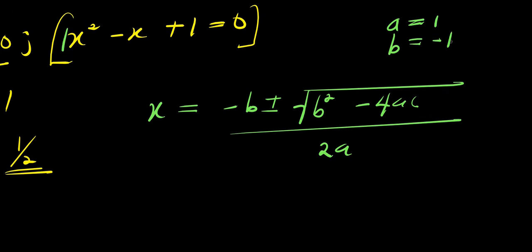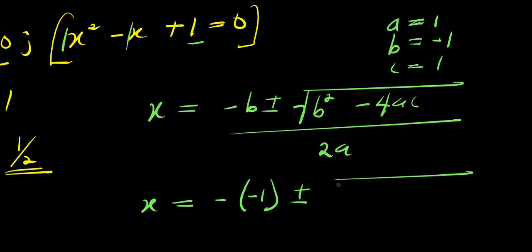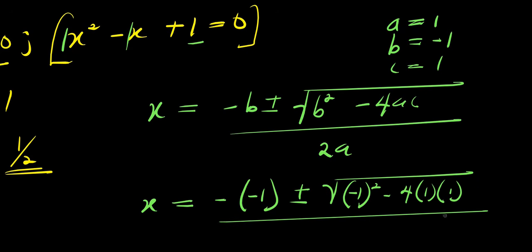B is negative 1, the coefficient of x, and c is 1, which is the constant. So x is negative times negative 1 plus or minus the square root of b squared, that is (−1)^2, minus 4 times a, that is 1, times c, that is 1, divided by 2 times a, that is 1.